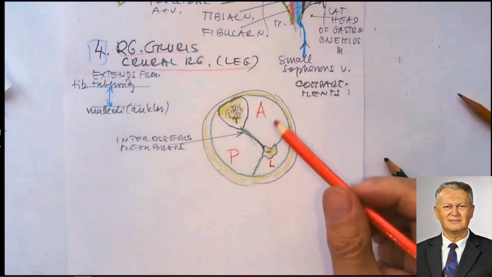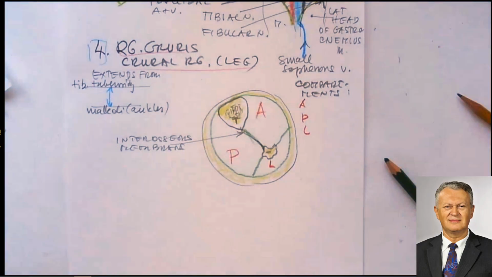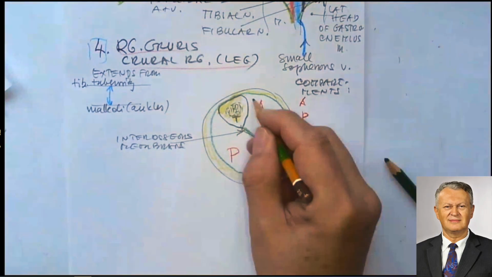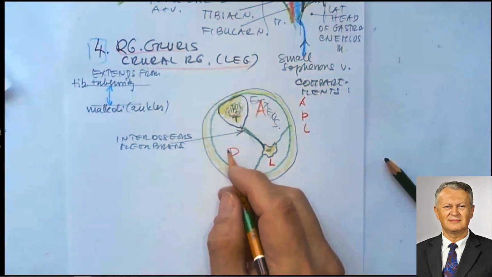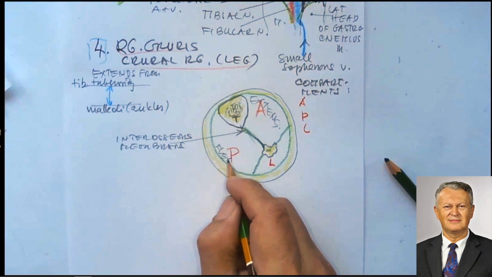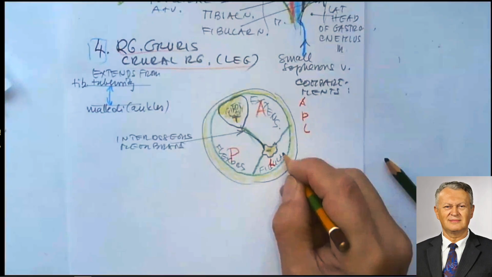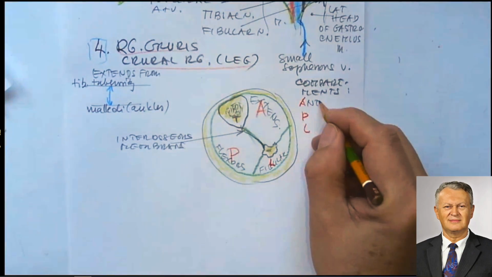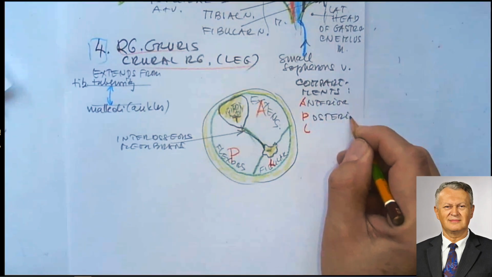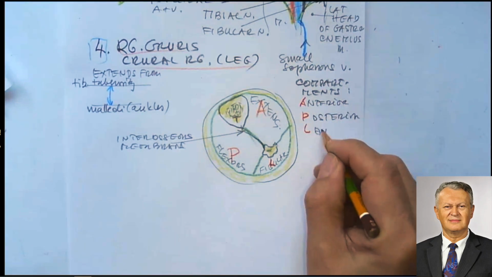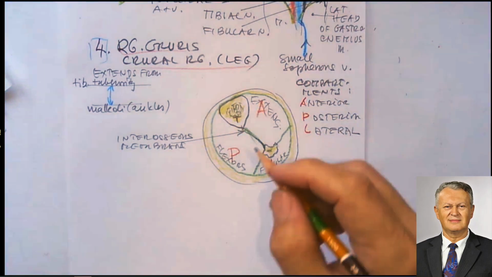Lateral means fibular. Anterior is that one which contains extensors. Here are in fact the flexors, and here are the fibular muscles. So anterior, posterior, and lateral. Good. So we see the compartments.